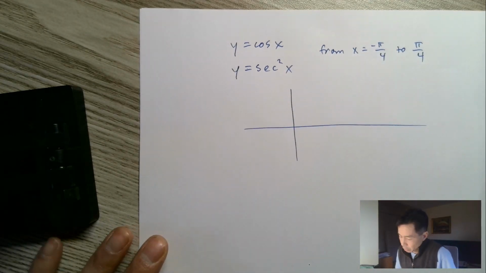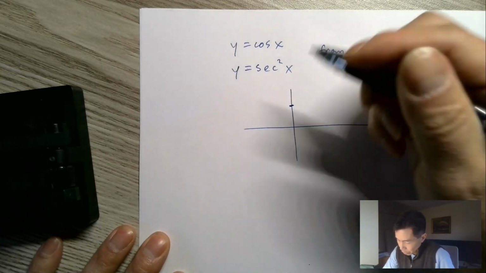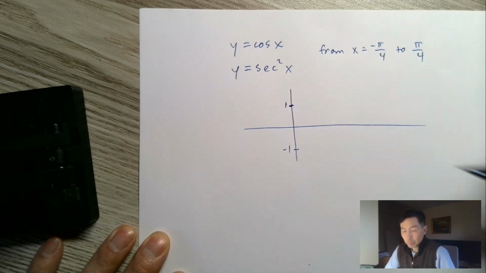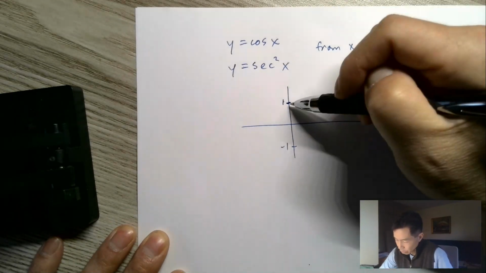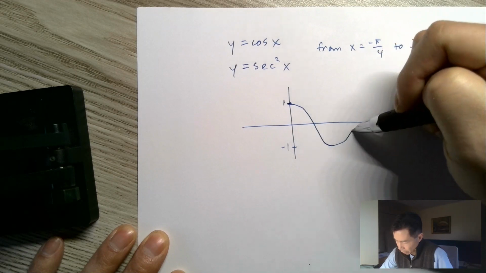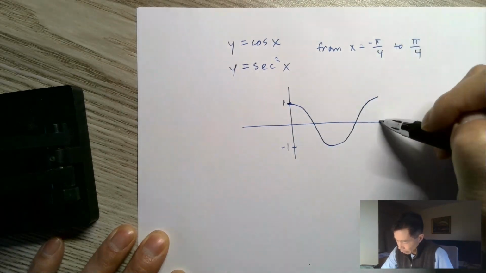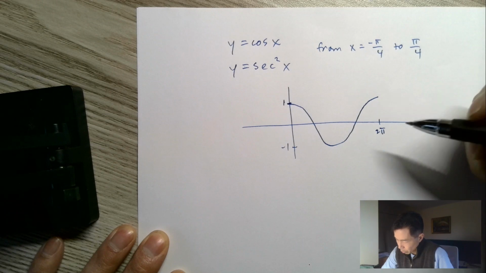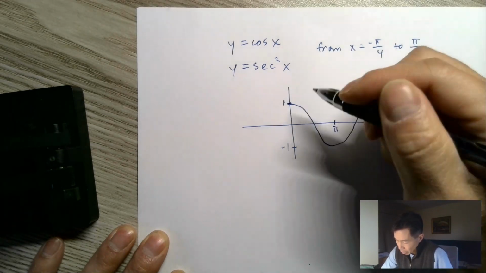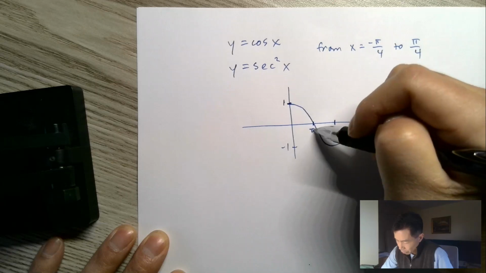Cosine x is a sinusoid with a max of 1 and a min of negative 1. At 0 it's 1, so it goes like this, comes back up, full cycle at 2 pi, so halfway is pi, and this is pi over 2.